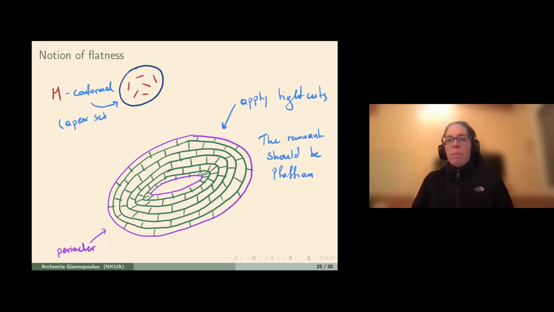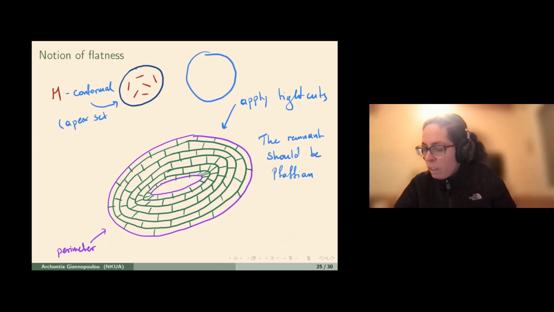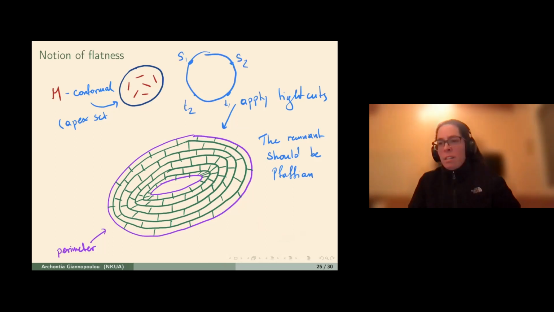There is a theorem that says the notion of flatness asserts that whenever you give me the wall and you give me the perimeter of the wall, if I consider the corners of it, let's call them S1, S2, T1, T2, we know that if the wall is flat, there are not going to be two disjoint paths joining the corners of the wall.